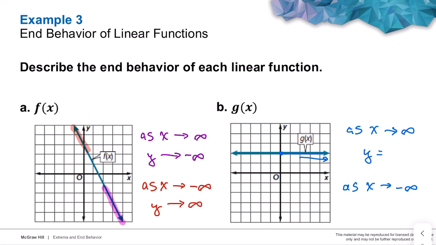This is the one time in which you get to use an equal sign because it's not increasing, it's constant. So as x is going to infinity, y is just going to equal 2. And as x is going to negative infinity, y is still going to be equal to 2 because again, it's constant, it's unchanging. And that's how end behavior works.